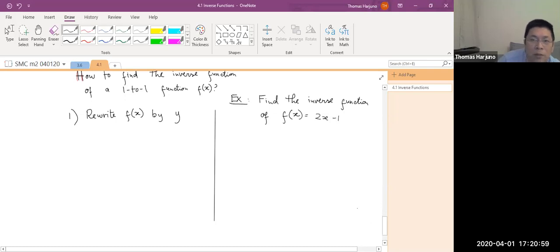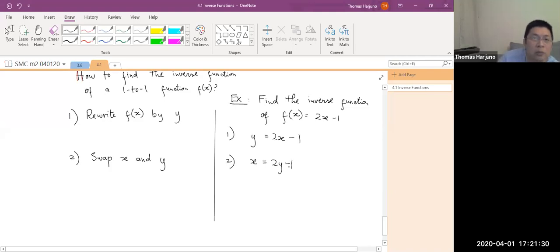Then the first step is replace f(x) by y equals 2x minus 1. The second step, swap x and y. So x becomes y, y becomes x.